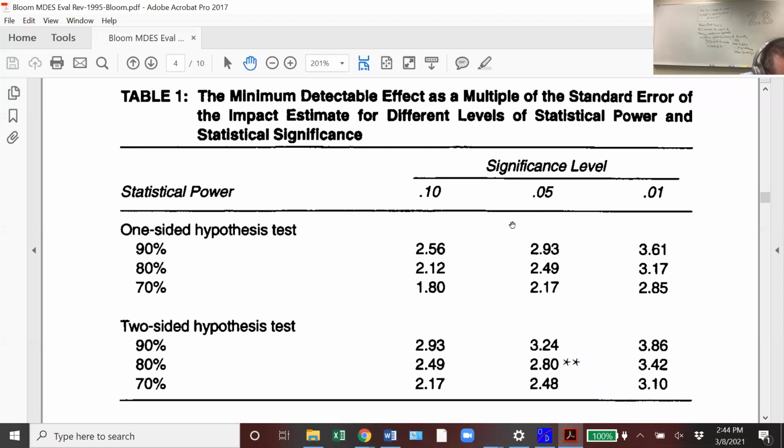So this is incredibly valuable, right? This 2.8 is the factor by which you multiply a standard error to determine 80% power at the 0.05 level in a two-tailed hypothesis test. 2.8.